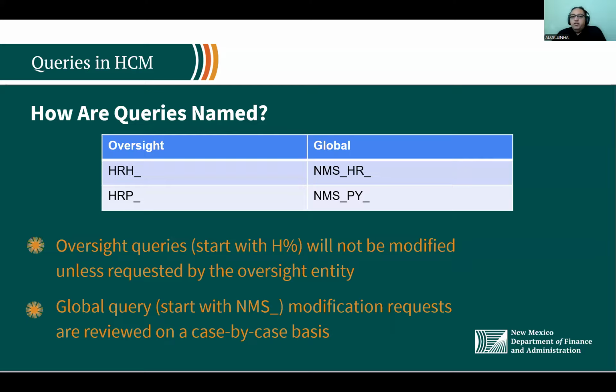For a global query, the ones that start with NMS underscore, any query modifications will be reviewed on a case-by-case basis. Now, many times we may not modify a query and instead provide you with the name of one that is already existing. Claudette, go ahead and click forward.